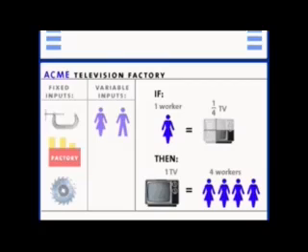If one worker has an average product or an average output of 1/4 of a television, then the reciprocal of that, 4 workers, is what it takes to produce a single television set. Notice, productivity and costs are reciprocal. If one worker can produce 1/4 of a television, then it takes 4 workers to produce 1 television.